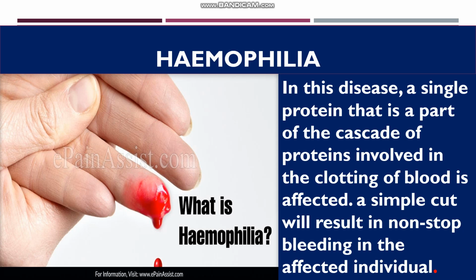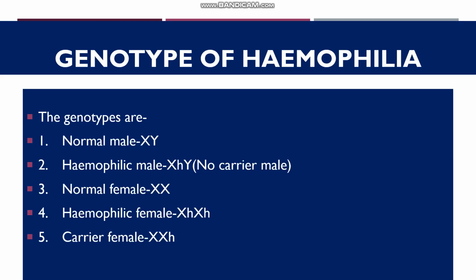This is because blood clotting involves a chain or cascade of proteins, and a single protein that is part of the cascade involved in blood clotting is affected. As a result, a simple cut will result in non-stop bleeding in the affected individual. That is why we call this disease bleeder's disease.